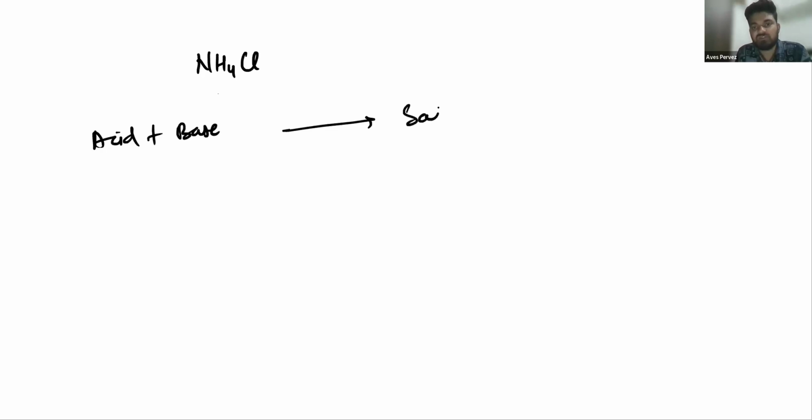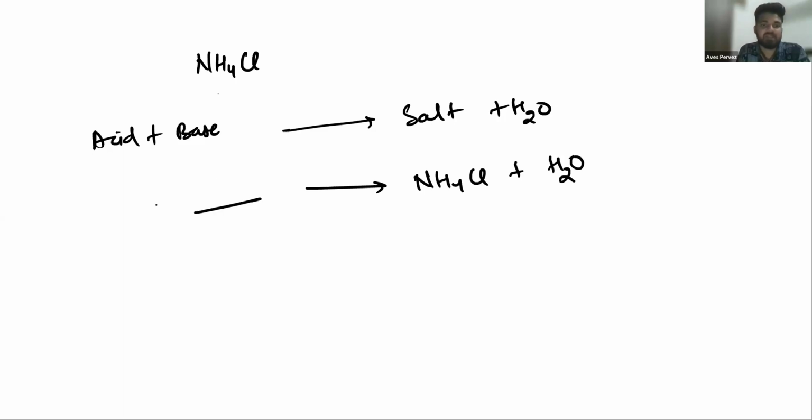For example, when some acid and some base react together, they form salt plus water. Suppose the salt is ammonium chloride and water is formed. So what are that base and that acid that react together to form this salt?